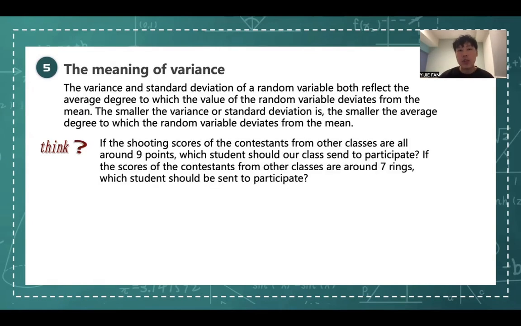It's about how to choose a student in a competition. If the shooting scores of the contestants from other classes are all around 9 points, in this case, which student should our class send to participate? And in the second case, if the scores of the contestants from other classes are around 7 rings, which student should be sent to participate?